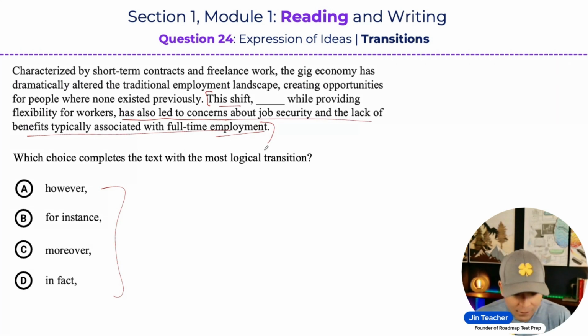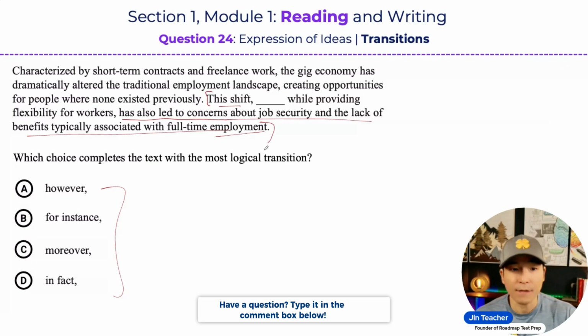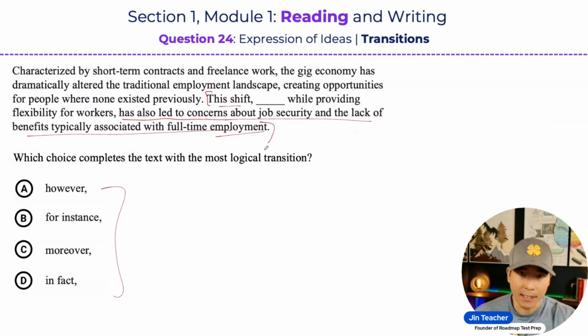The first thing that's important to note is that when a transition word is placed in the middle of a sentence like this, it's the same thing as placing that transition word at the start of the sentence. If I say, this shift, however, has led to concerns, it's the same as saying, however, comma, this shift has led to concerns.